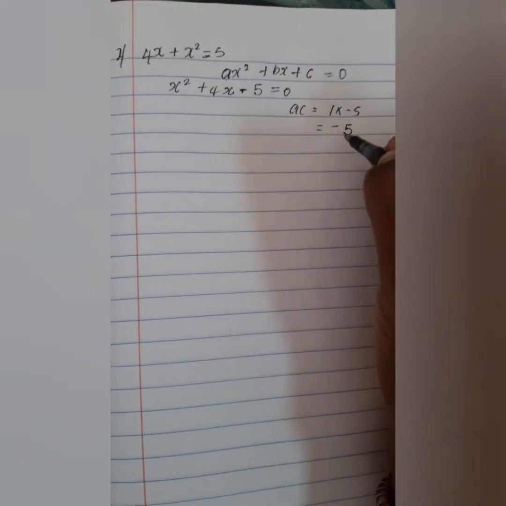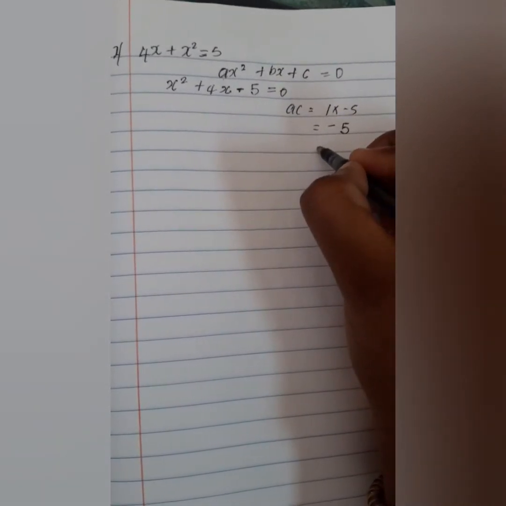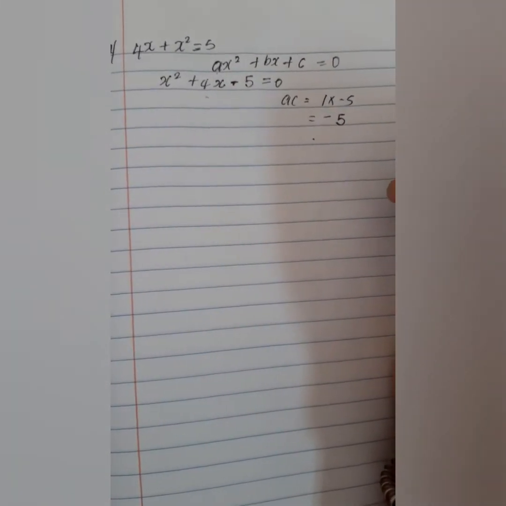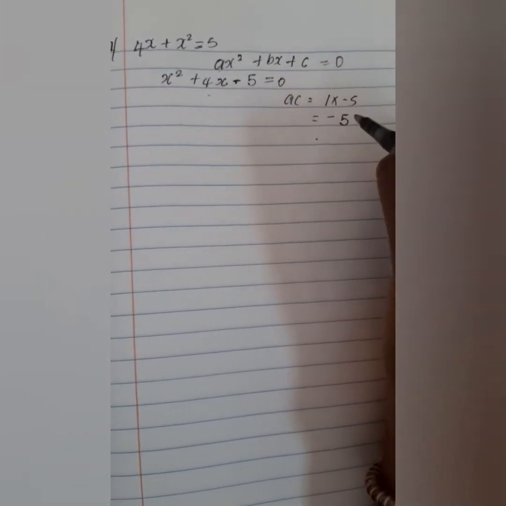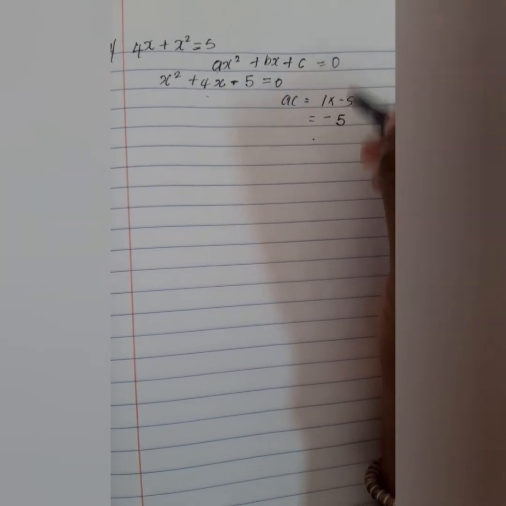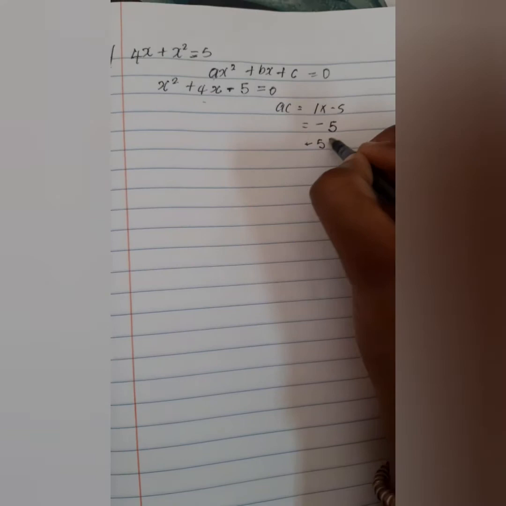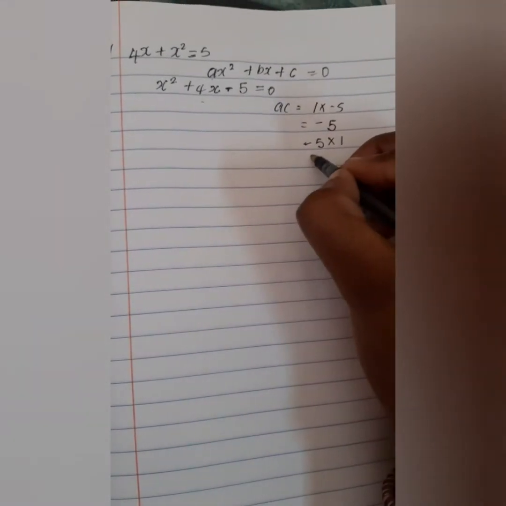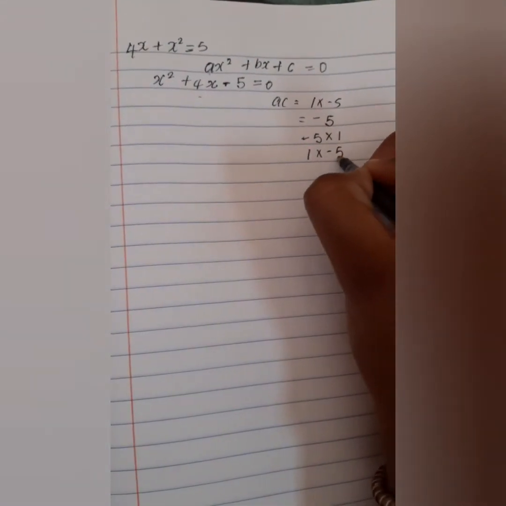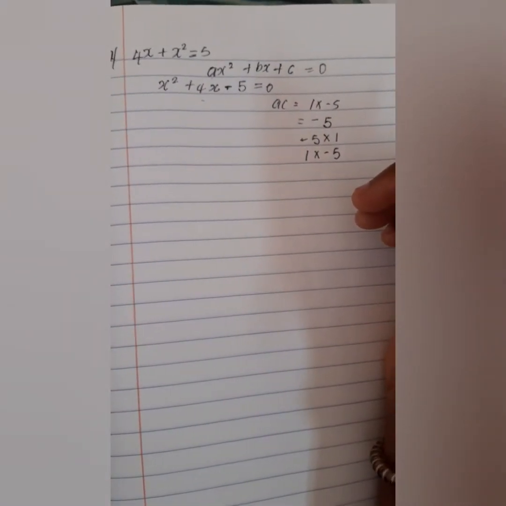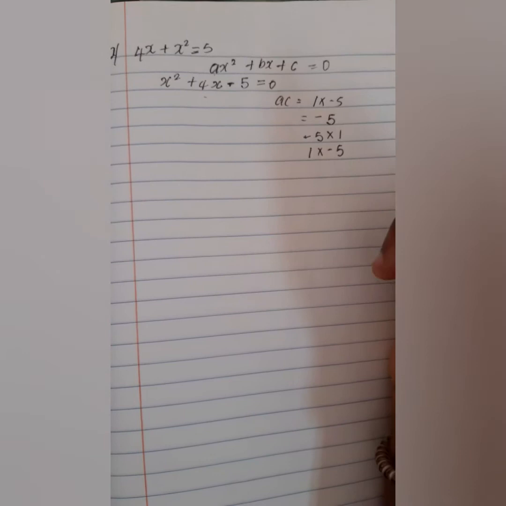So we're now trying to find our B value, which is 4. So we see the factors that when added will give us 4. So we have minus 5 times 1, and 1 times minus 5. You know that 5 is a prime number, so it doesn't have more than 2 factors, one and itself.